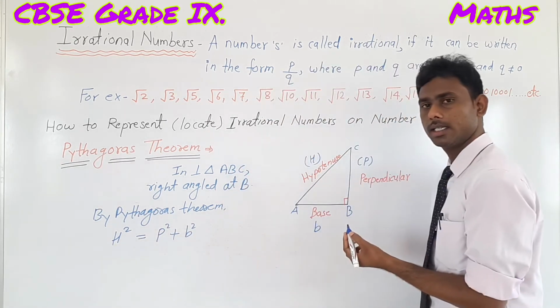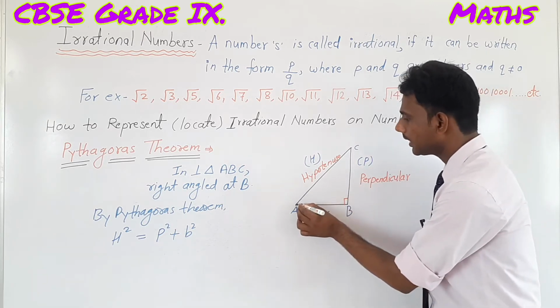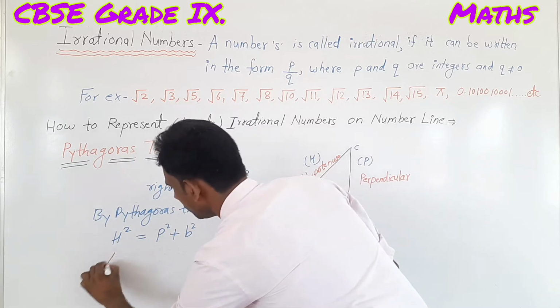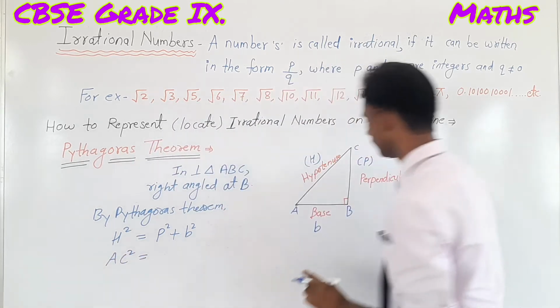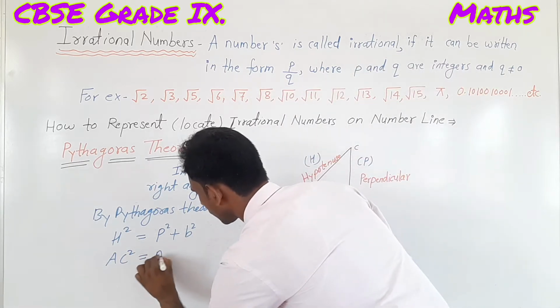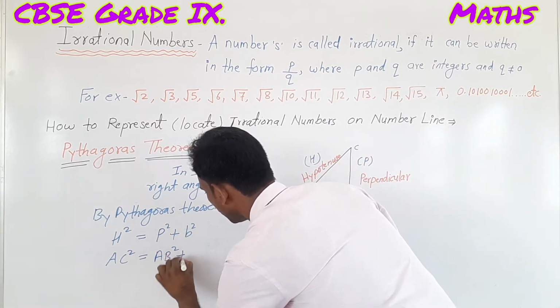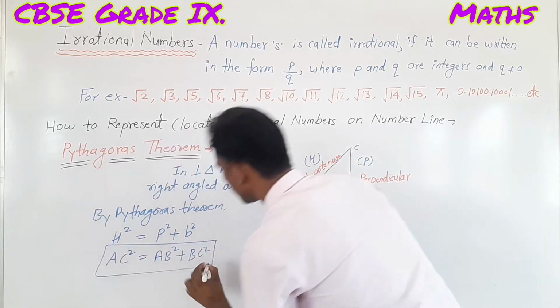Or you can write it in the form of A, B and C: hypotenuse AC square equals AB square plus BC square. This is the Pythagoras theorem.